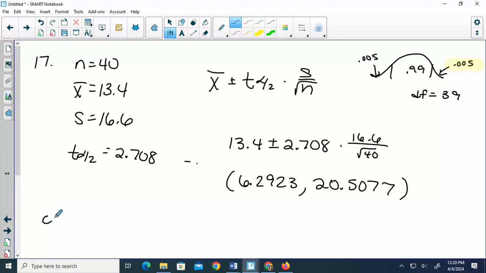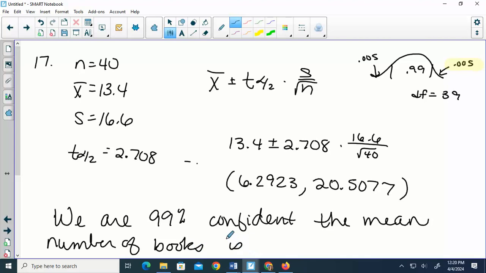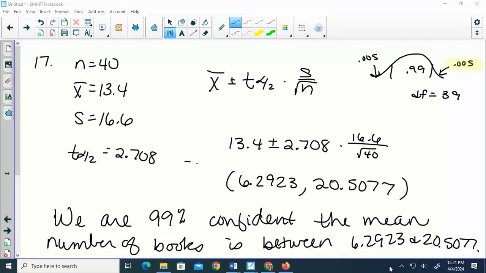And so the interpretation is, make sure you include a confidence level, so we are 99% confident. This was talking about the mean number of books is between these numbers.